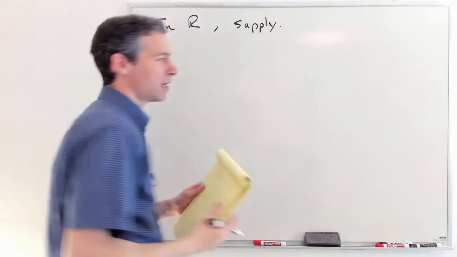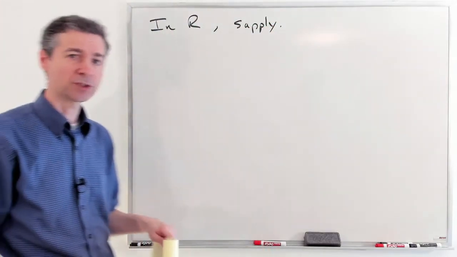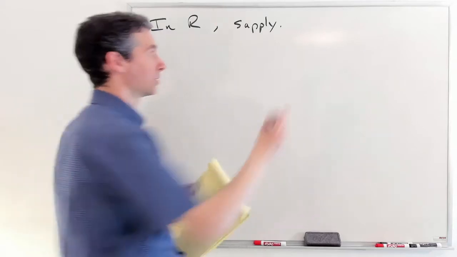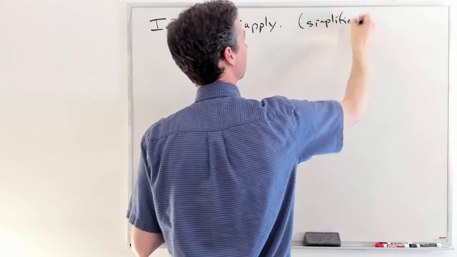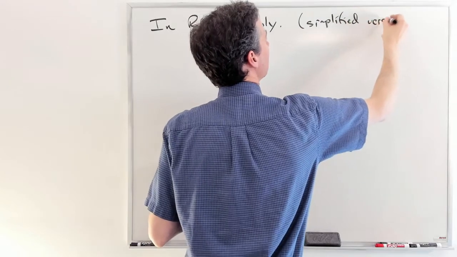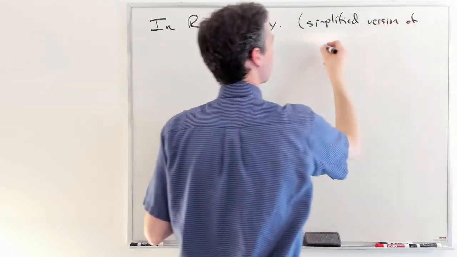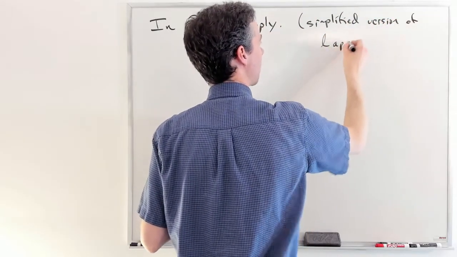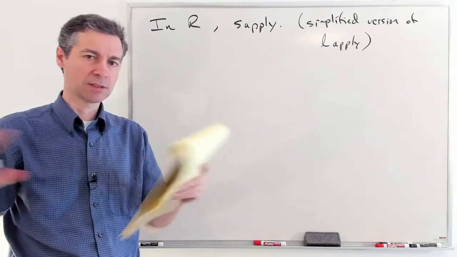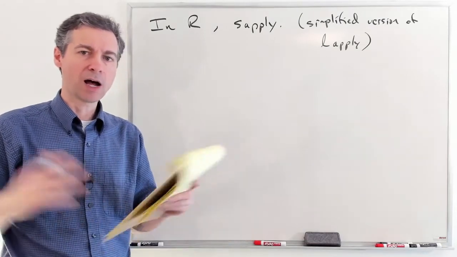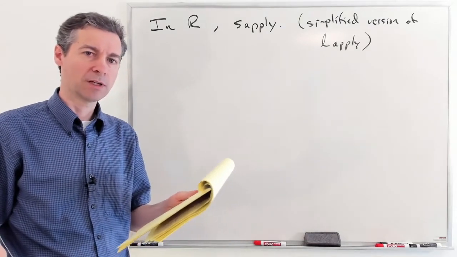Sapply is a simplified version of lapply. And lapply's big thing is it takes in a list, it operates on it, and it returns a new list.